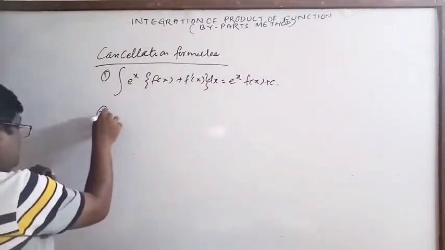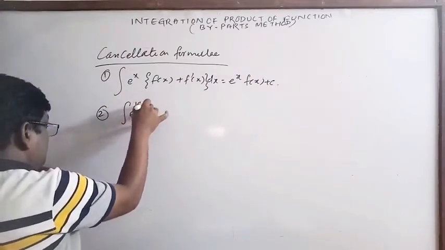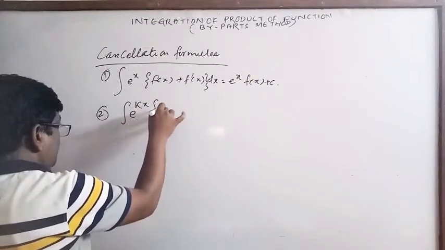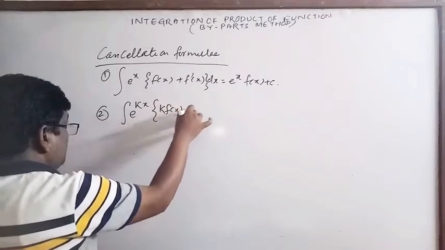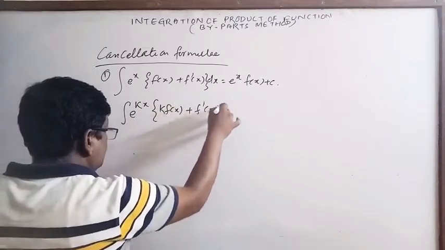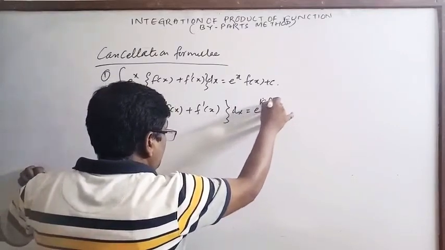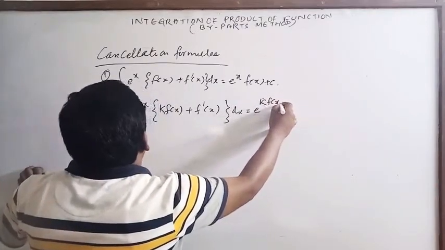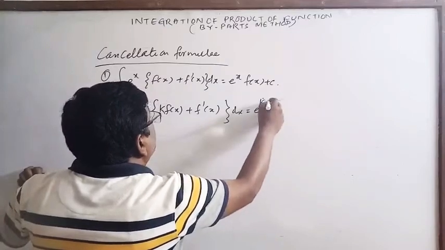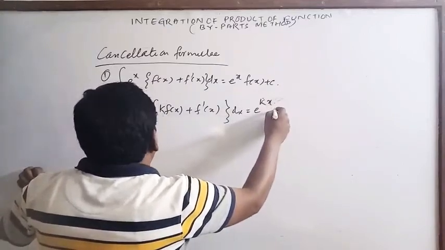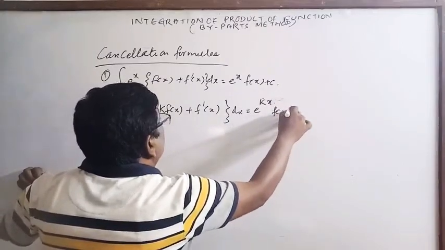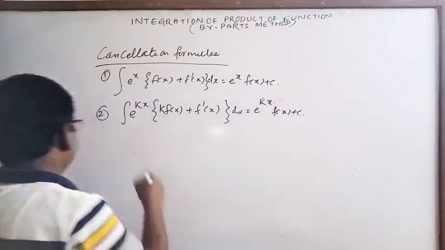Number 2 cancellation formula: integration of e to the power kx into (k f of x plus f dash x) dx is equal to e to the kx f of x plus c. These are the 2 cancellation formulas.